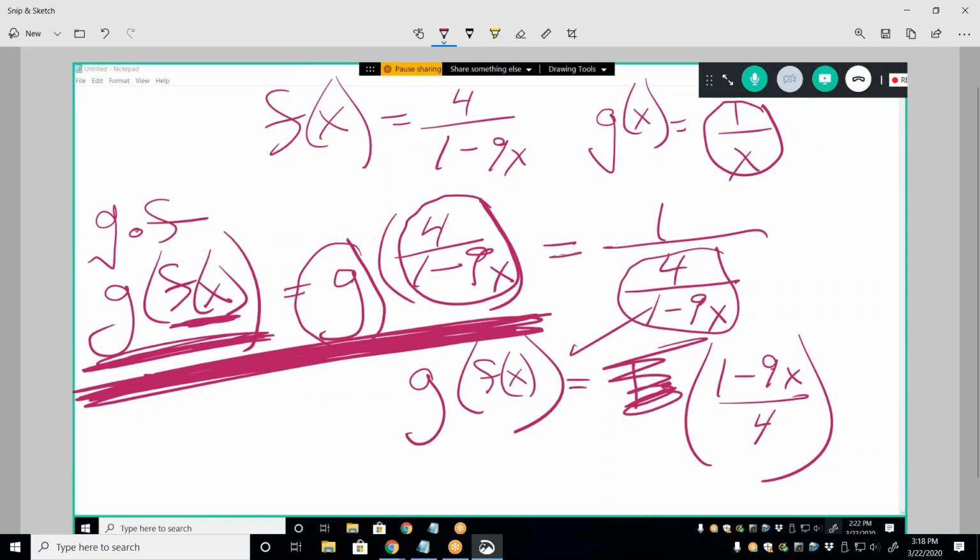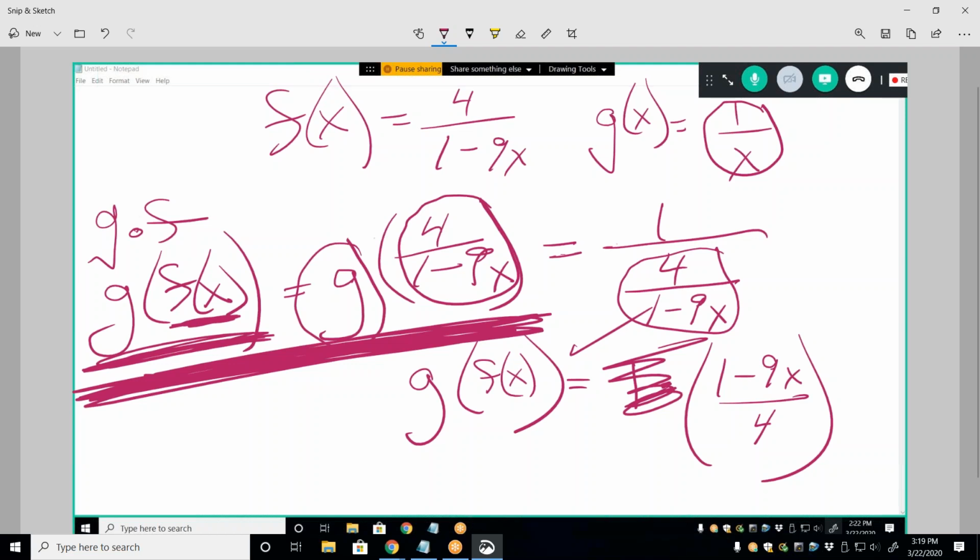What kind of options do they give you for the domain of f of g? Is there one that's all real numbers? No. Really? Yeah. There's no negative infinity to infinity? Nope. Okay, so that means they are using the restrictions of the underlying functions, which means we didn't get the last one right.